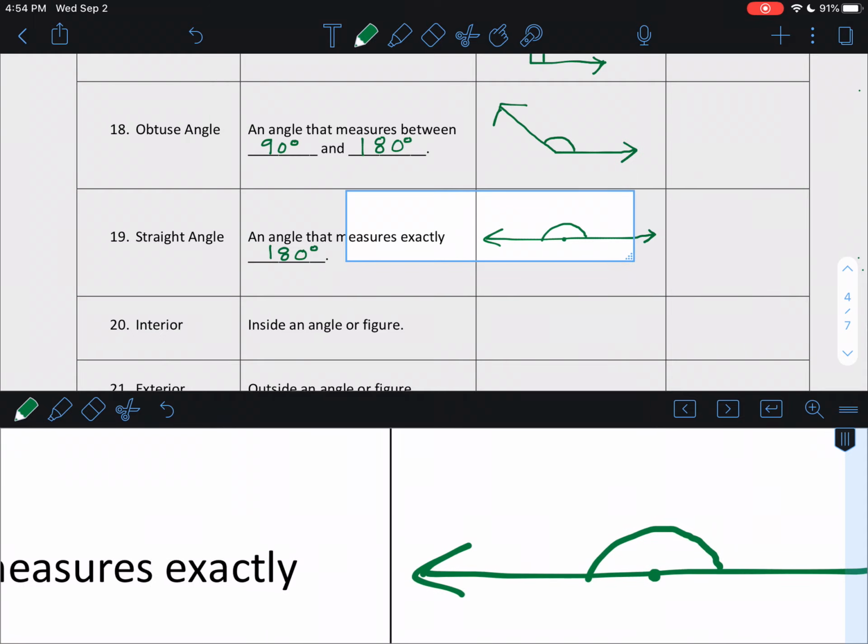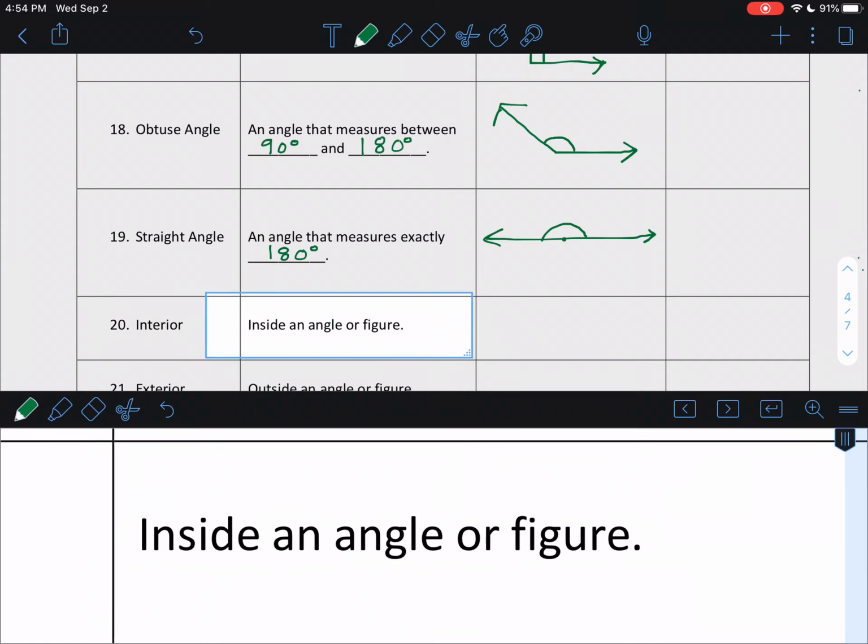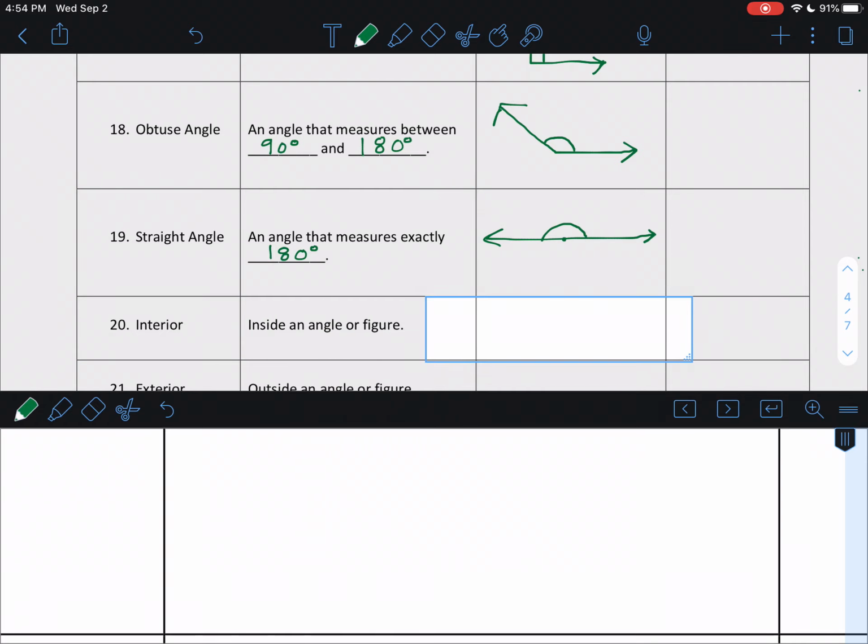All right, so then we have interior. Interior means inside an angle or figure. So like interior decorating means like decorating inside. So if we have the interior of an angle, it means the inside.